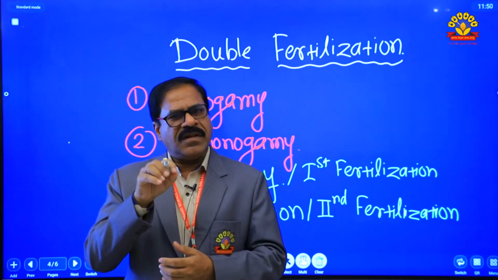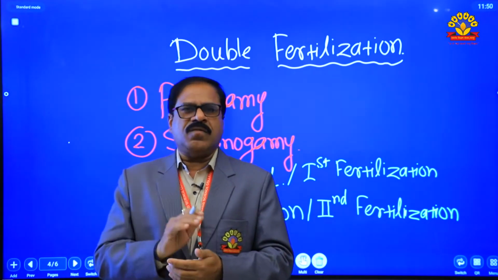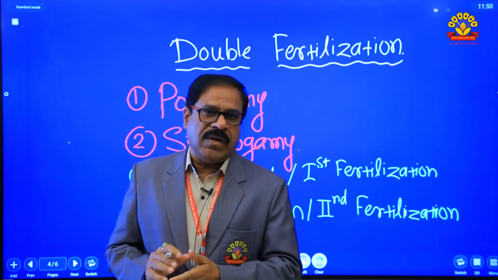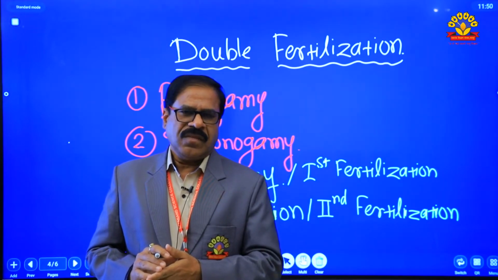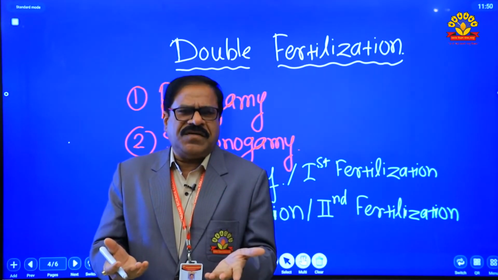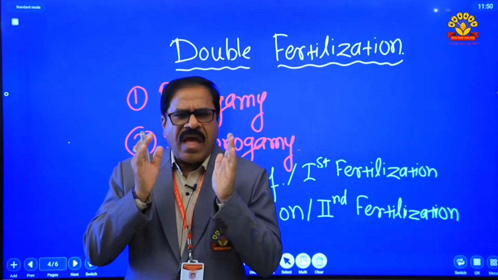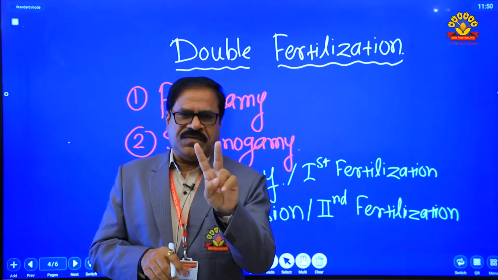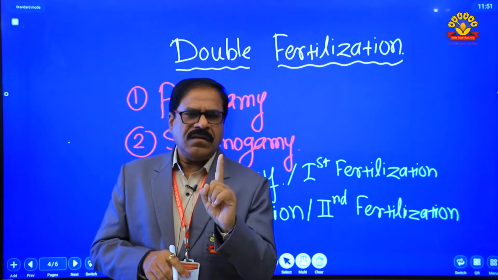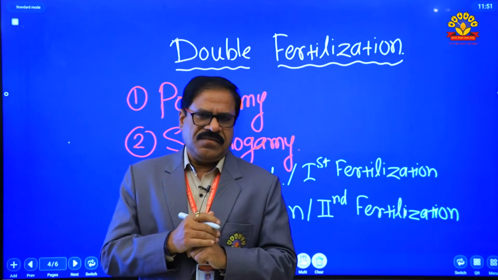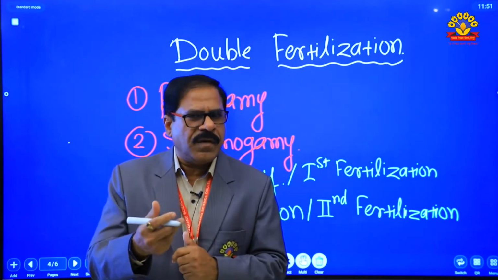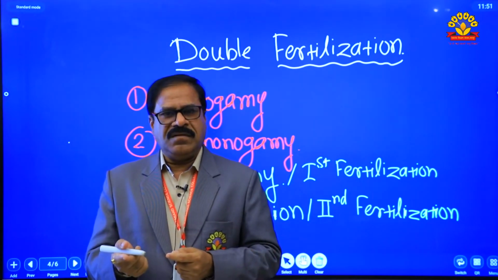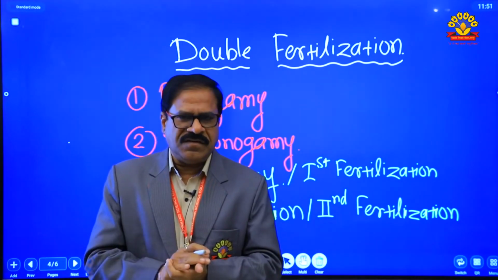And the process of fertilization in angiosperms is described as double fertilization. It is said to be double fertilization because the act of fertilization is completed two times. One, syngamy, that is first fertilization, and two, triple fusion, that is second fertilization.